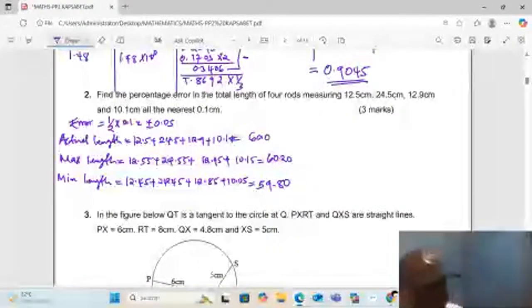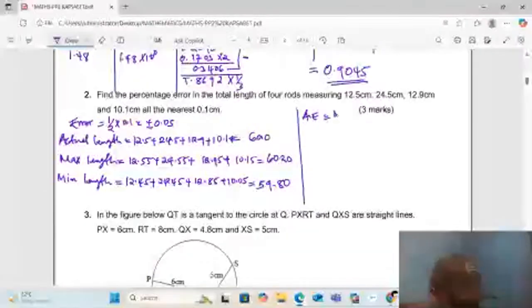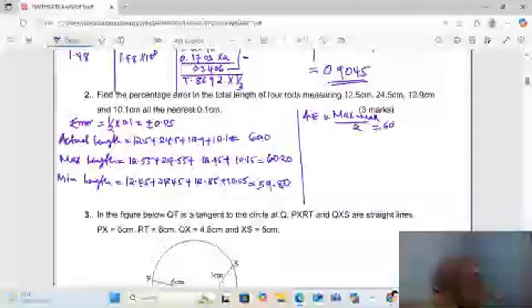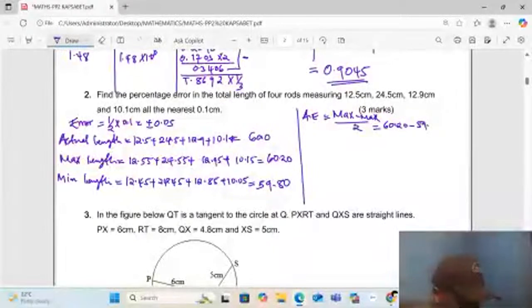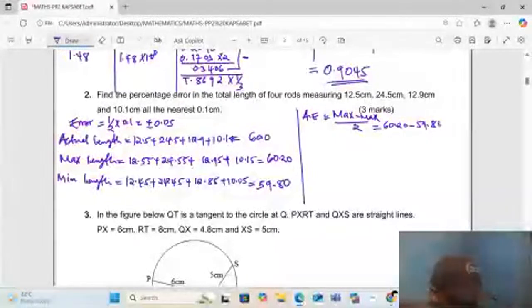Now we calculate the absolute error. First, to get the absolute error, we have to subtract the minimum length from the maximum, then we divide by 2. So we shall have 60.20 minus 59.80, and then you divide by 2.